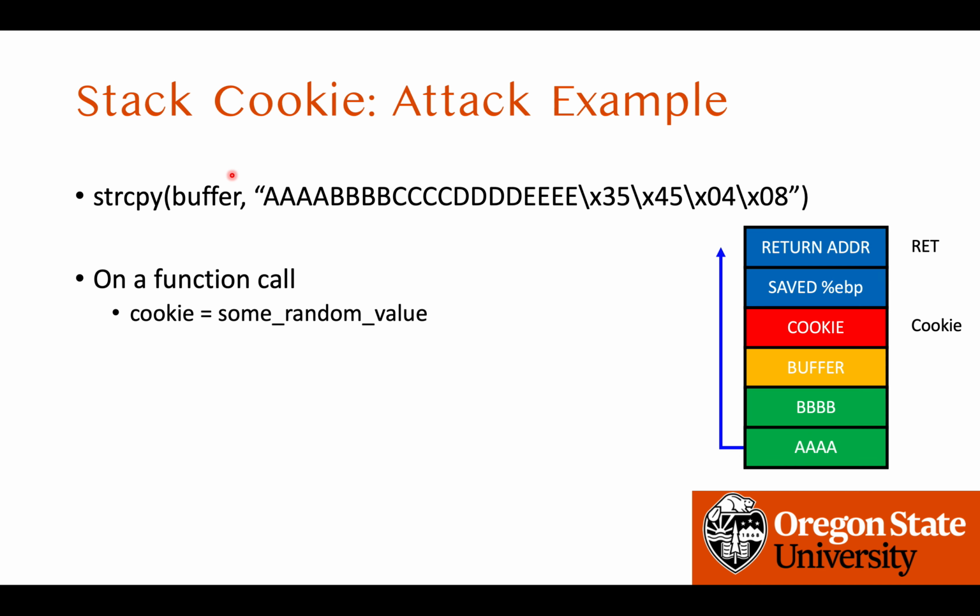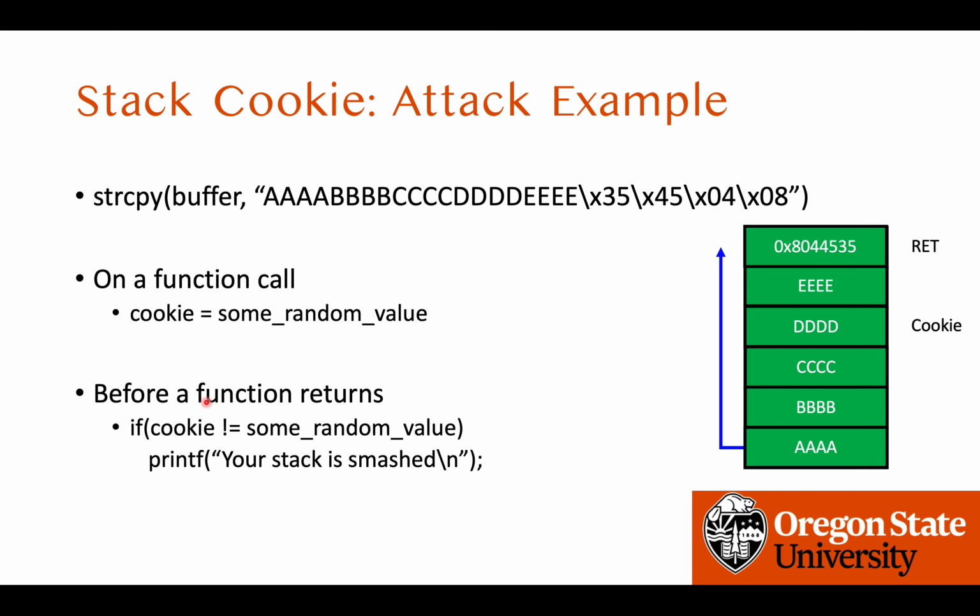Then the cookie value will be overwritten by the buffer like this, and it will also overwrite the saved EBP and the return address. When the function returns, it will compare the original cookie value to the stored cookie value. But right now, the attack overwrote the value with DDDD, so the value is mismatching. Then we can detect that as an attack.